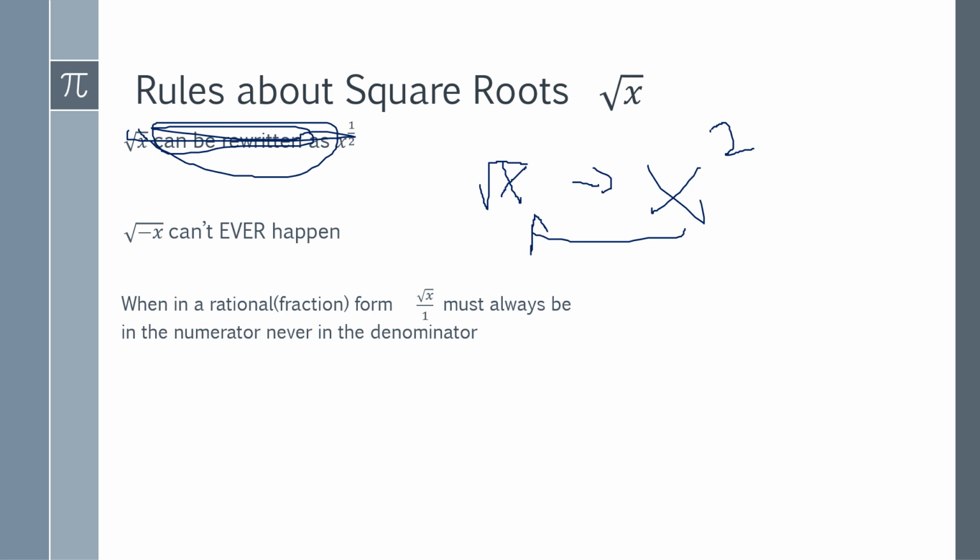So if I have x squared, the inverse is going to be the square root of x. This is critical when we're using the Pythagorean theorem and trying to find side sizes. Now, we're going to have to rationalize the denominator next, which I'm going to tell you what that's about.